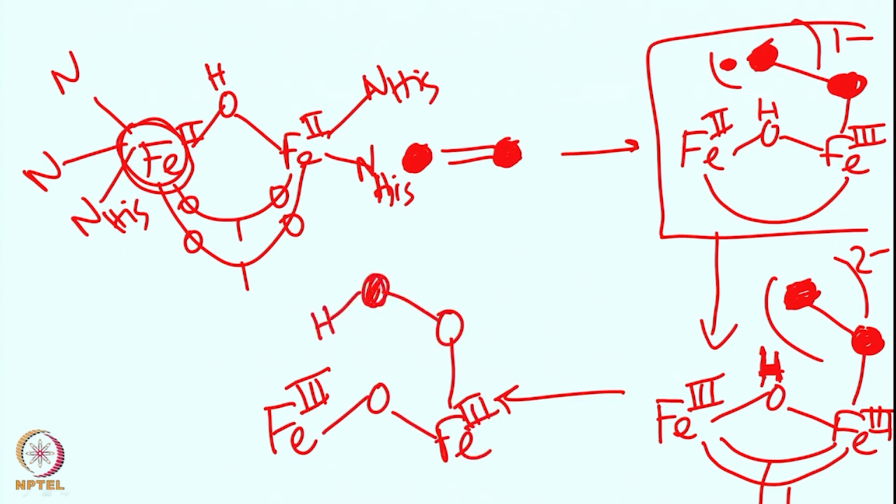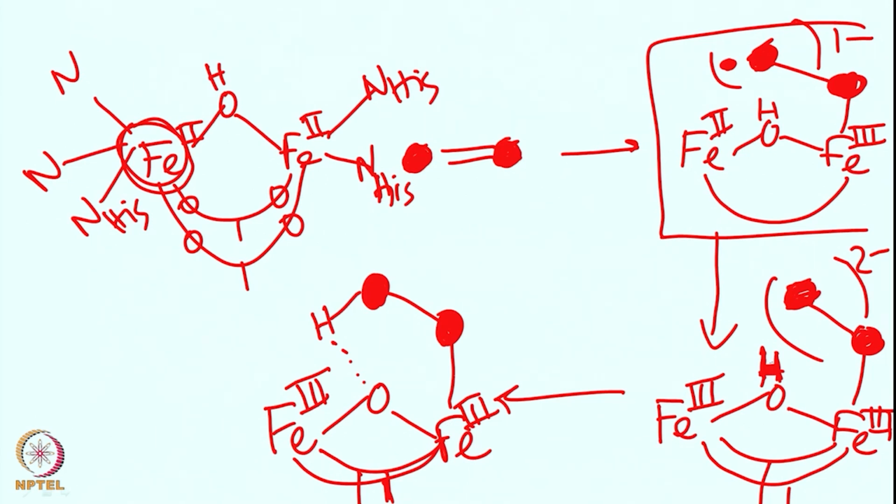This is your oxygen from the oxygen atom, and there is hydrogen bonding, and the rest of the things are still there. I do not think it is fair to draw the intermediates, because their existence is questionable. So, you start with iron 2 and immediately get iron 3 hydroperoxo.